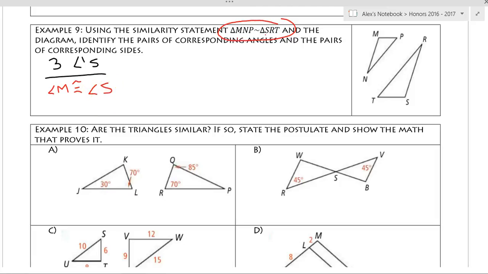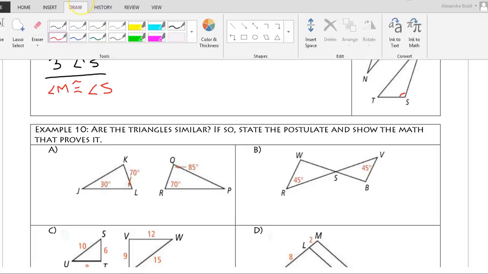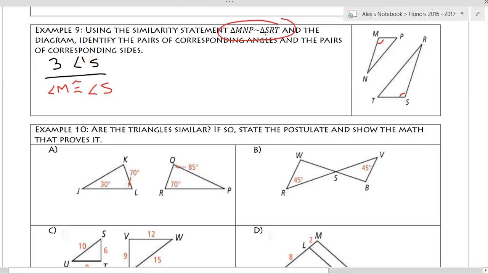Okay? And remember, we can use these little marks to mark similar or congruent angles. Since those are congruent, they both have one little tick mark. Okay. And I'm going to do that for all my angles. I can just go down the line. Angle N, the second one, is going to be congruent to the second letter in the second triangle.